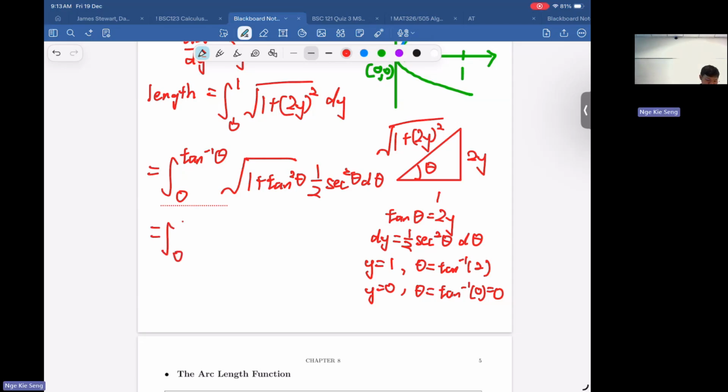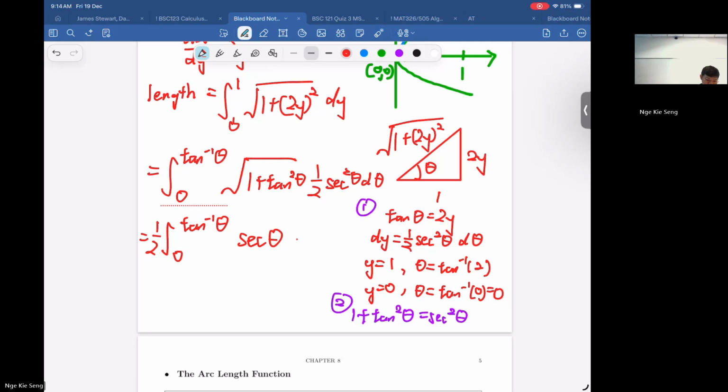And then from 0 to tangent inverse 2 of secant theta, because 1 plus tangent squared theta equals secant squared theta.